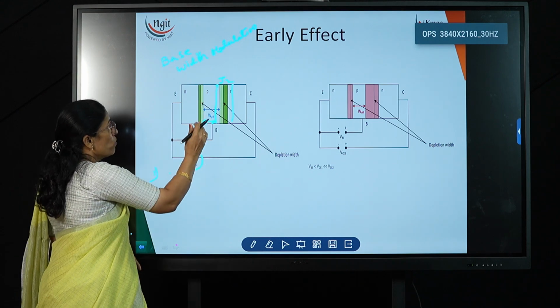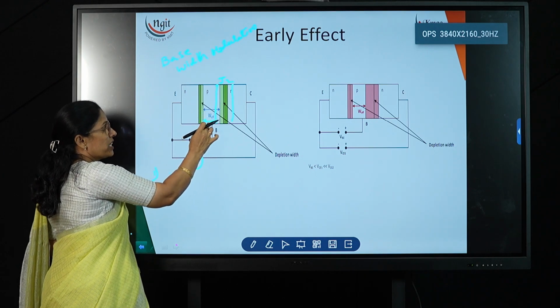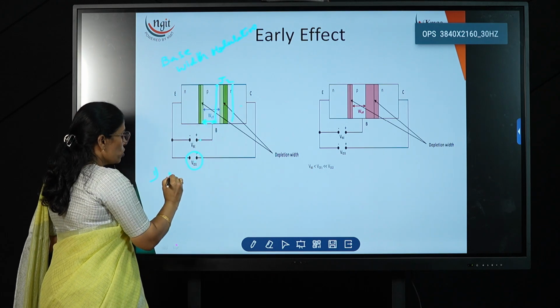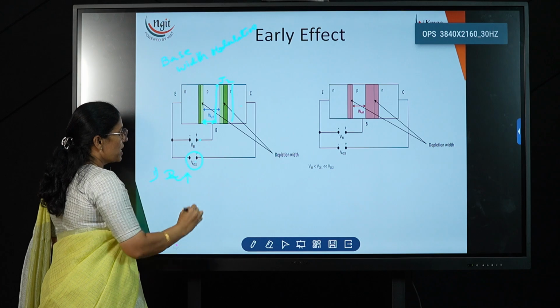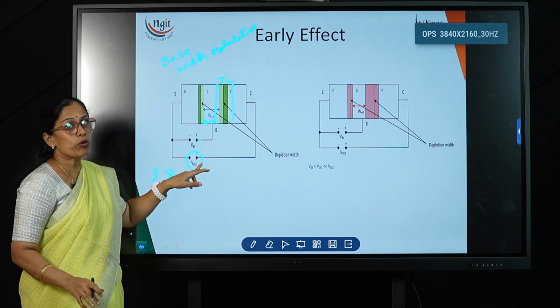So more charge carriers are entering the collector, and the IC current is increasing because of increasing the output voltage.